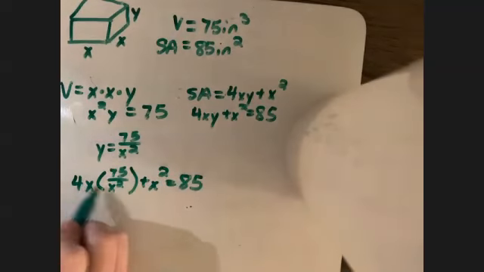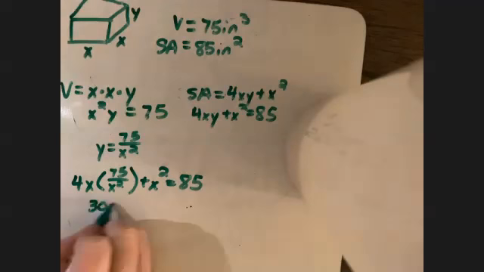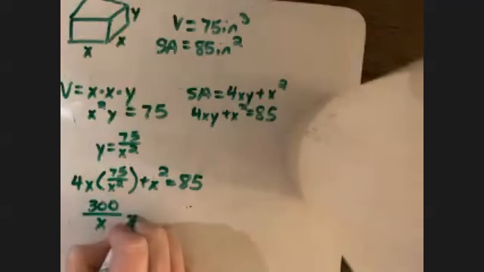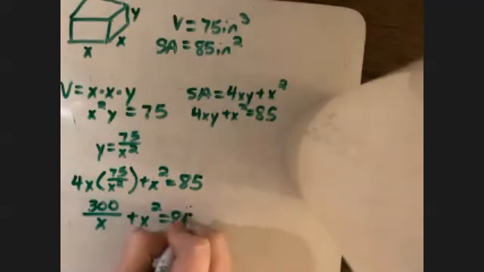Now, x divided by x squared leaves me with one x, and then 4 times 75. This is going to be 300 over x plus x squared equals 85.